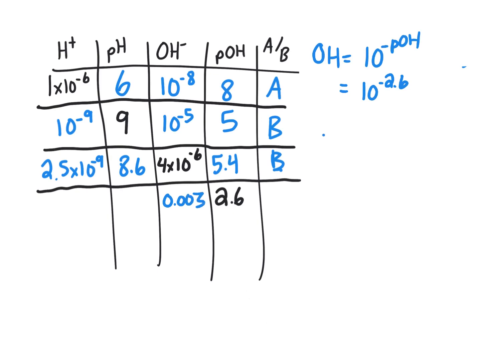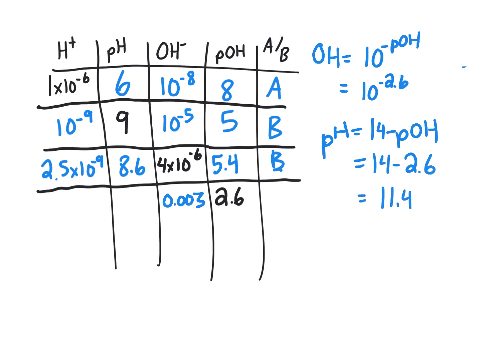Then I find my pH. My pH equals 14 minus pOH. So 14 minus 2.6 should equal 11.4. Once again, it's bigger than 7, so it's basic.